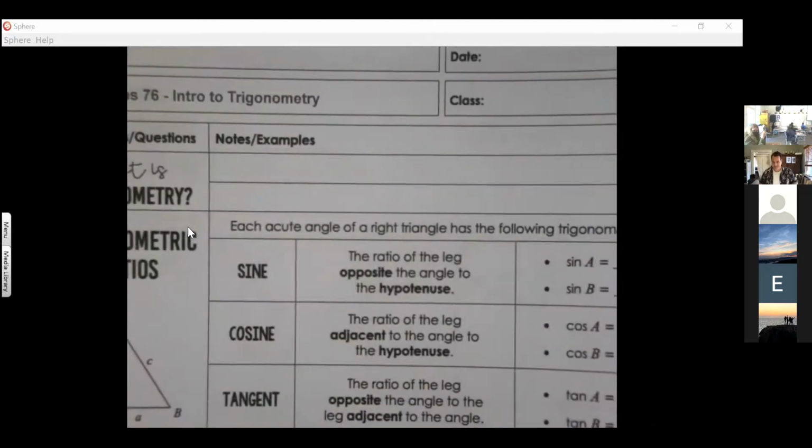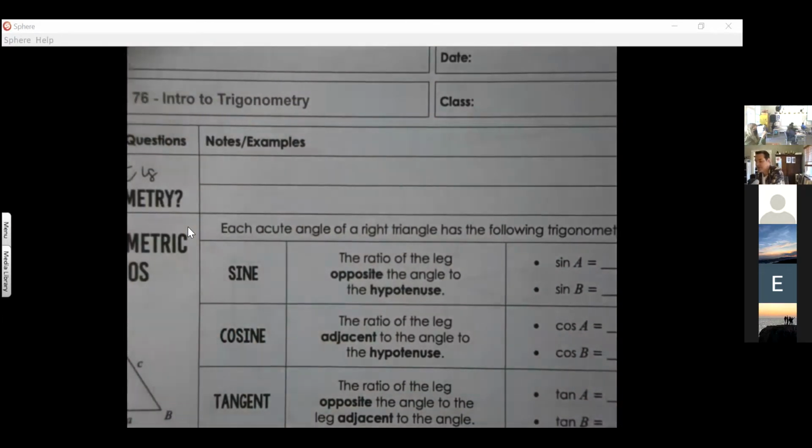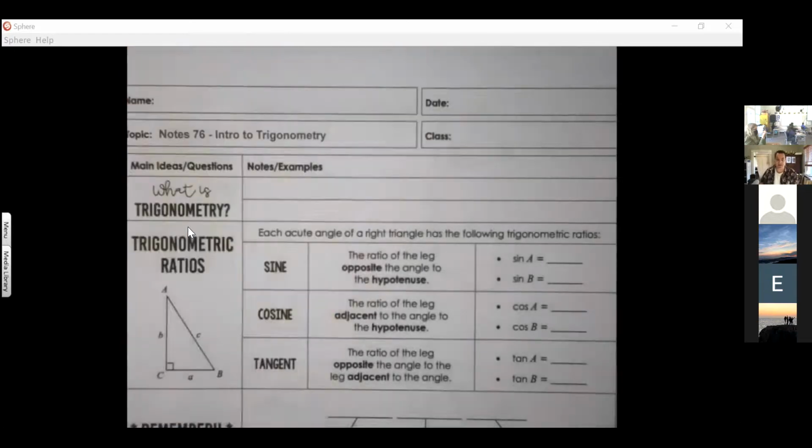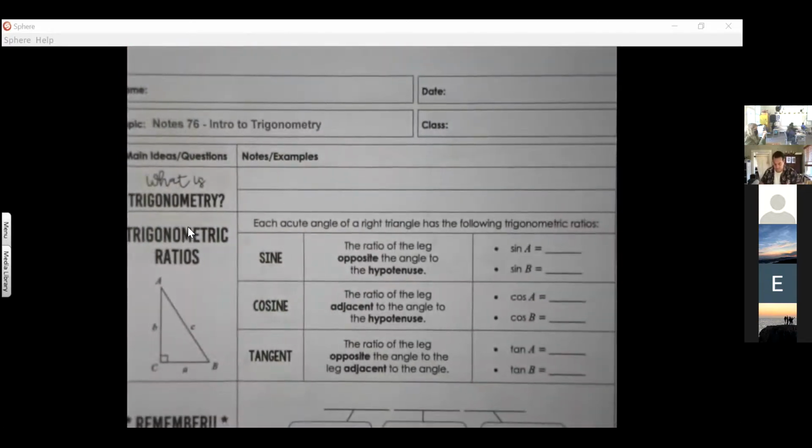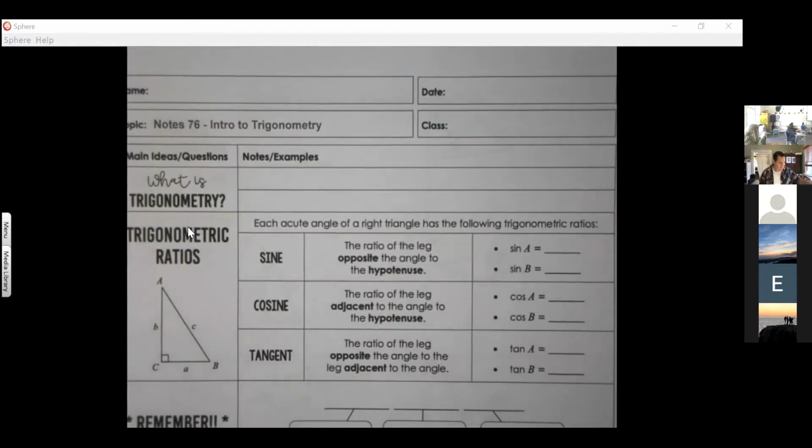All right, so what's the point of all this? Well, the point is that we can now, using this science, trigonometry is a type of science, tie up the relationships between sides and angles, which we've never really been able to do before. We had great information about sides. We could do the Pythagorean theorem. We had good information about angles with the triangle angle sum theorem, but now we're putting those things together.